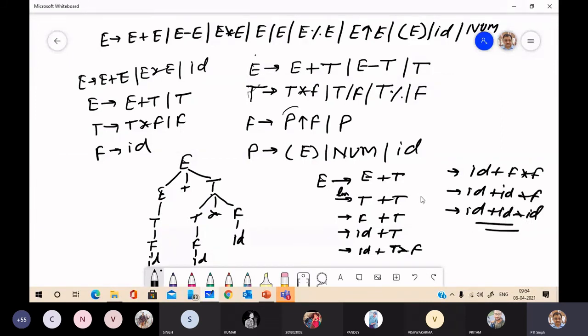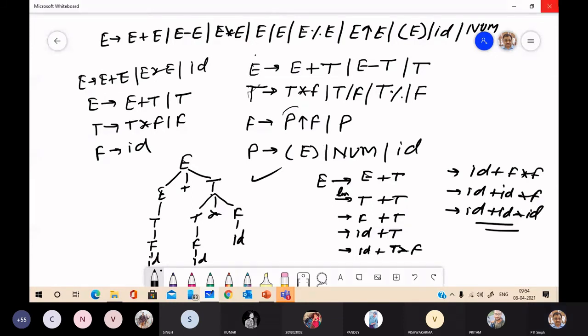So in this way, we will discuss more about the ambiguity in the grammar when we discuss the various parsing.